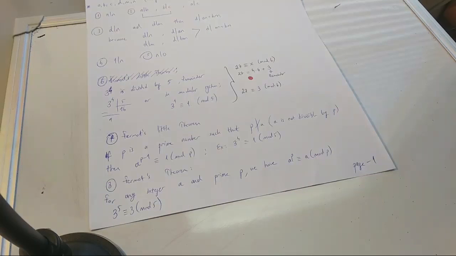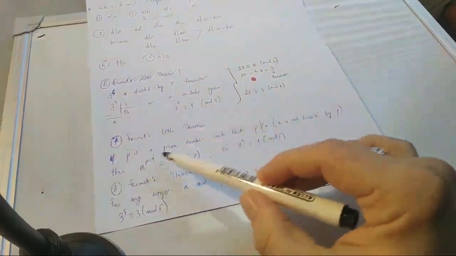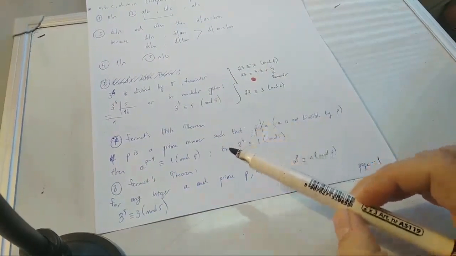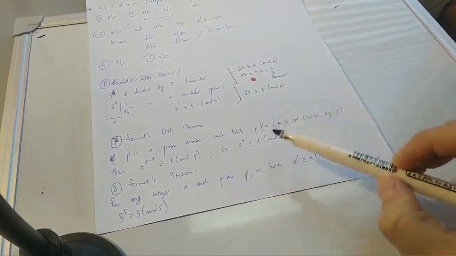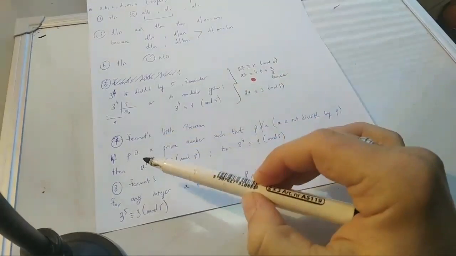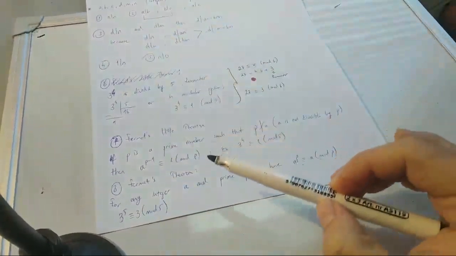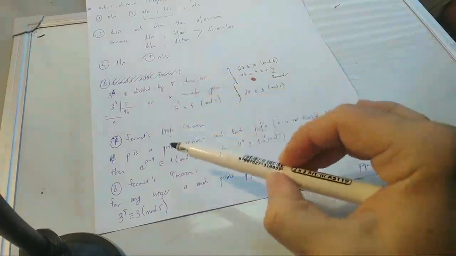We have some conditions here: if p is a prime number, such that a is not divisible by p, then in the modular arithmetic system, a to the power of p minus 1 is congruent to 1 in mod p.